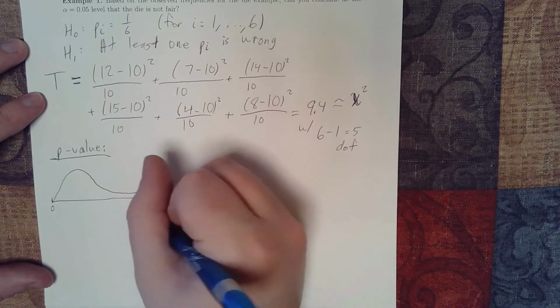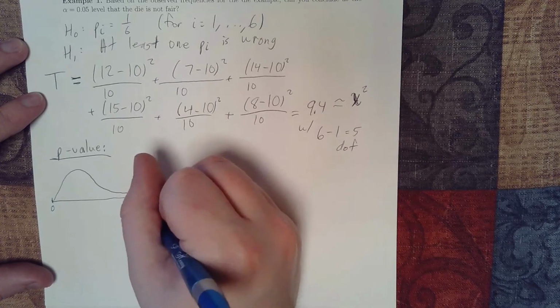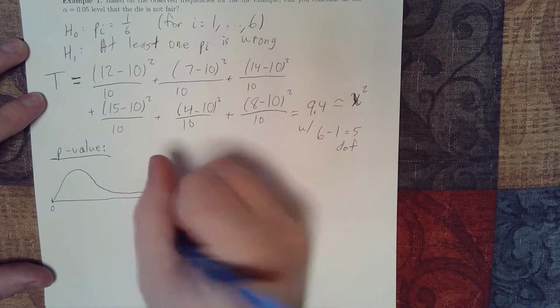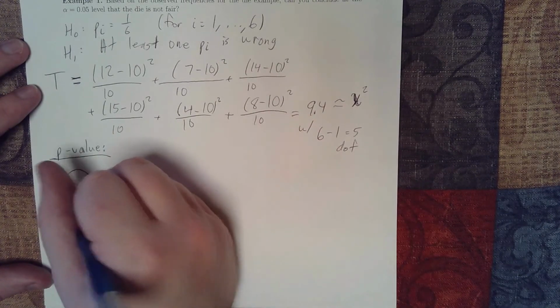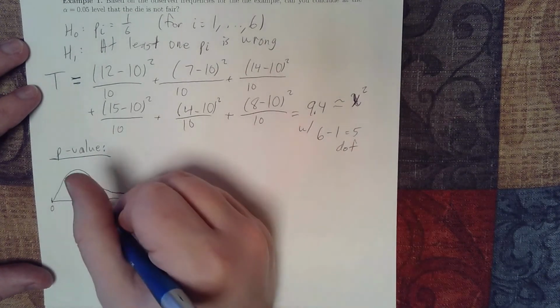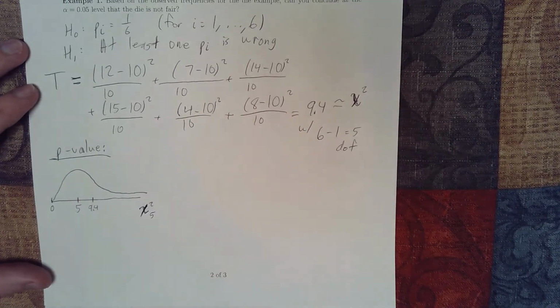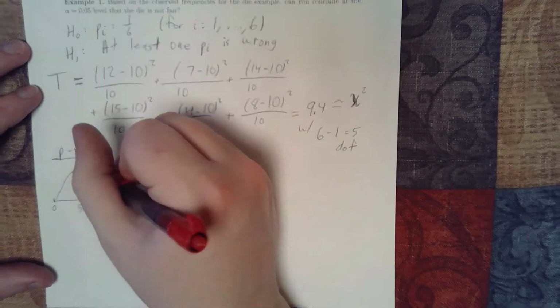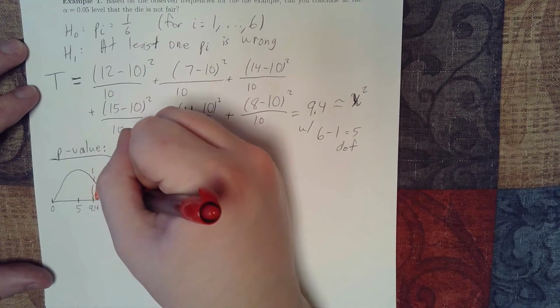And these chi-squared distributions, similar to our student t distribution, change based on the number of degrees of freedom. Here's the mean, which is the degrees of freedom. Here is our value of 9.4, and we want to shade this area to the right.